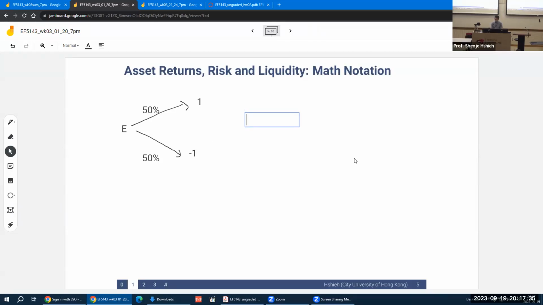My question here is, this should not be E, it should be E prime. I'm going to use the prime to indicate future realization. We don't know what E prime is going to be. So I emphasize here: random variable.